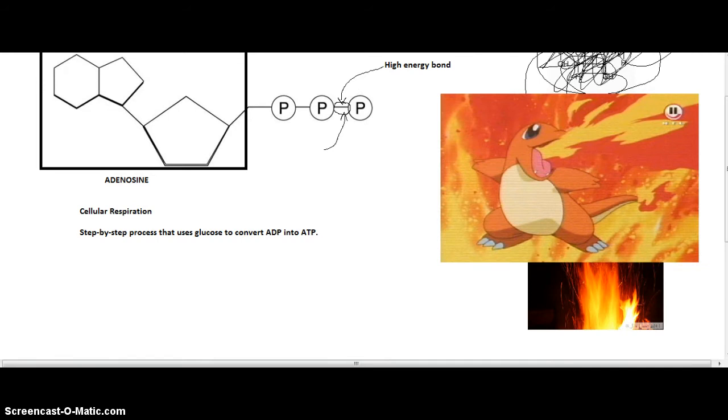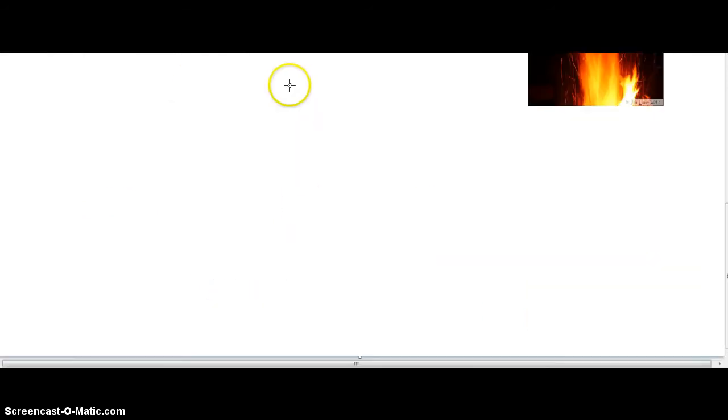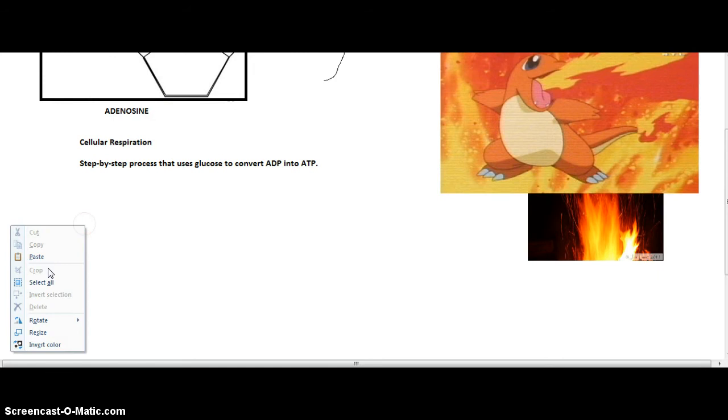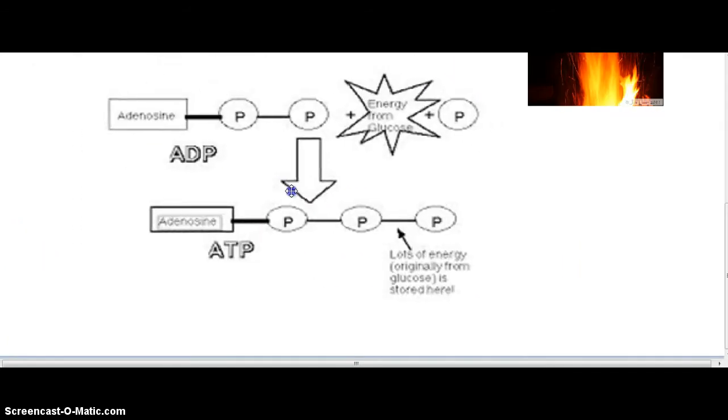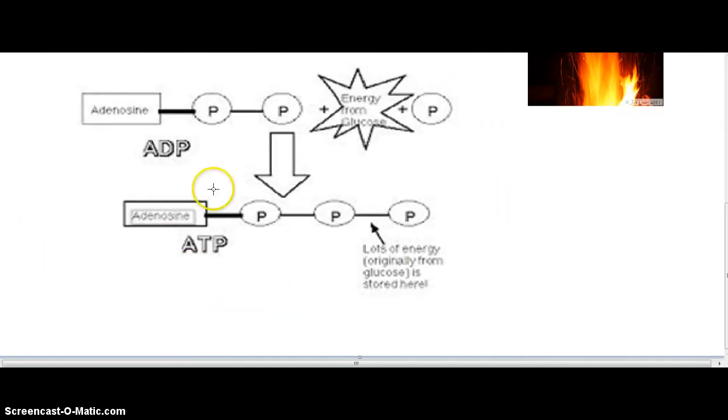Now what does that mean? Well, when you take ATP and you break the bond between that 2nd and 3rd phosphate, you're releasing energy. So look at this. Here you have ATP, adenosine triphosphate. Lots of energy in this bond between the 2nd and 3rd phosphate.